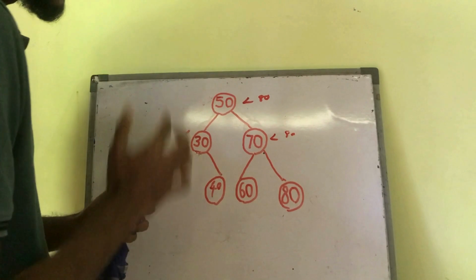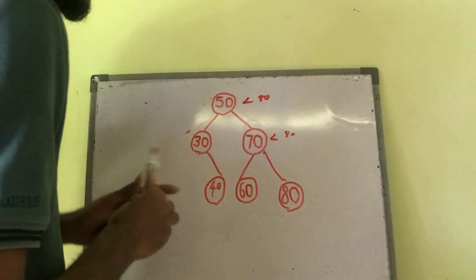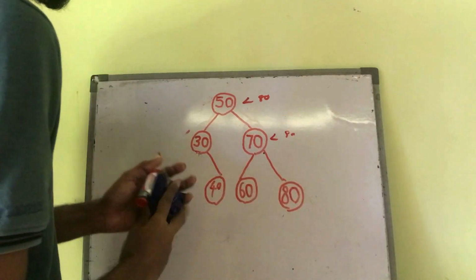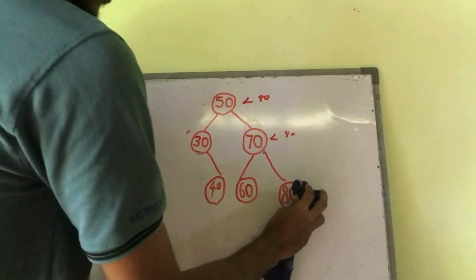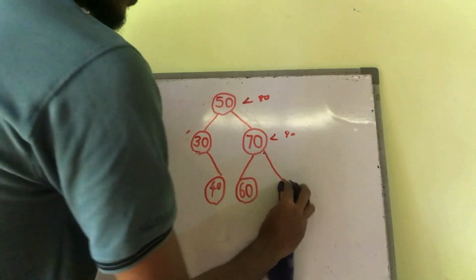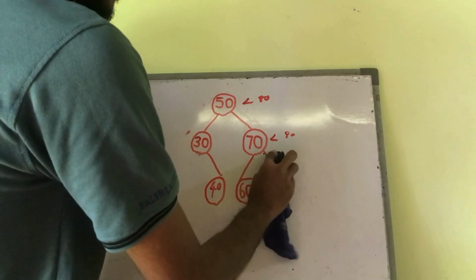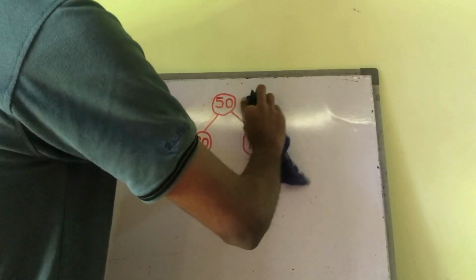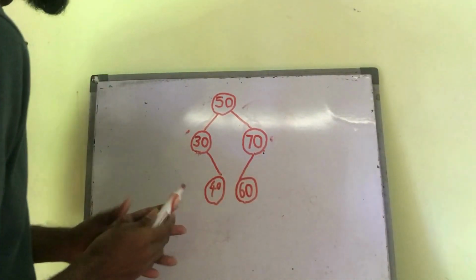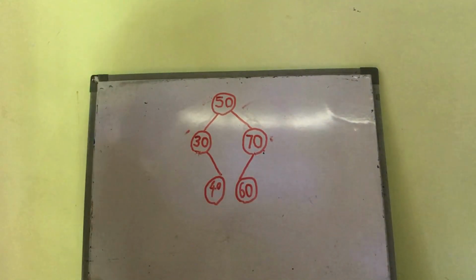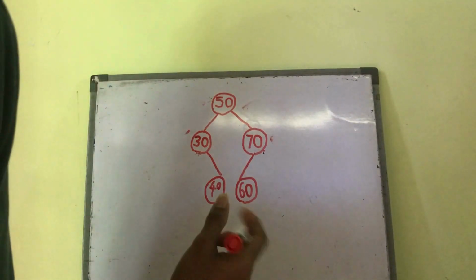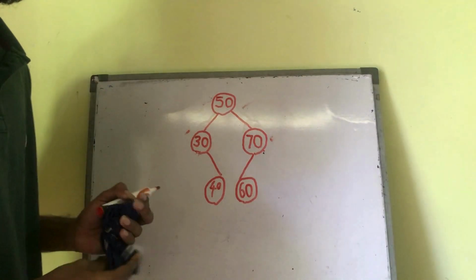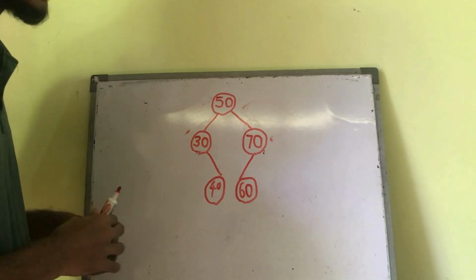So after we travel to the right side, we can find the 80 node here. So we can remove the 80 node like this. So you can get some idea about how a leaf node is removed in the BST data structure.